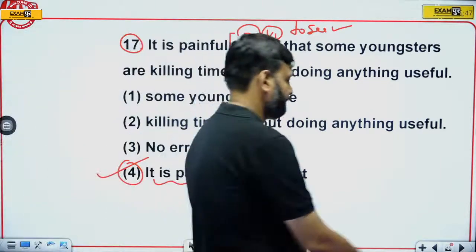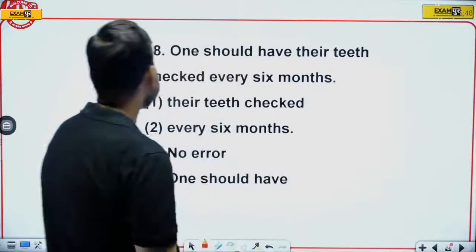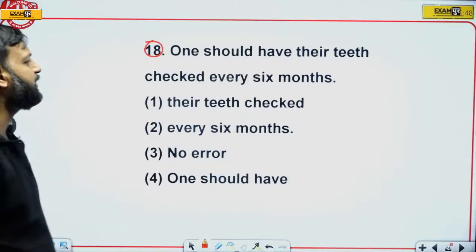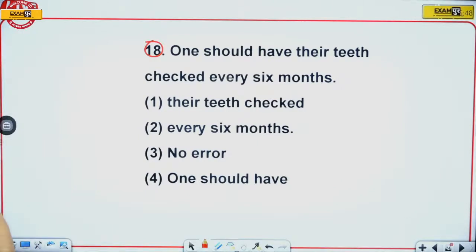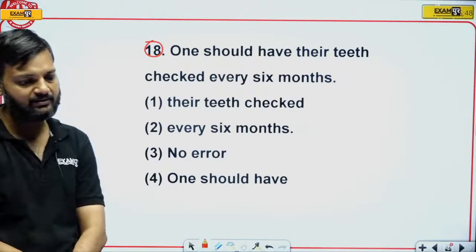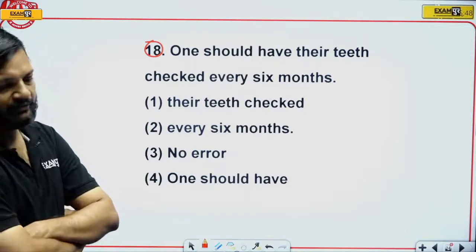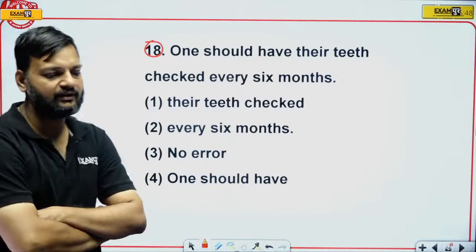Okay, let's see the next question, question number 18. One should have their teeth checked every 6 months. What is the error in this sentence?